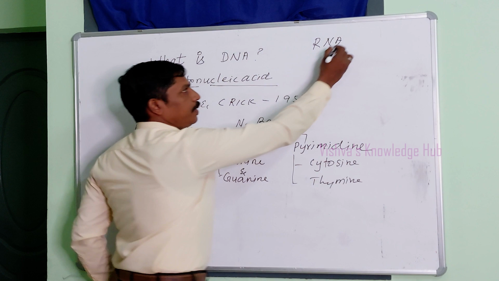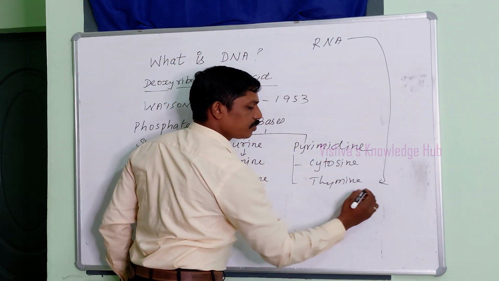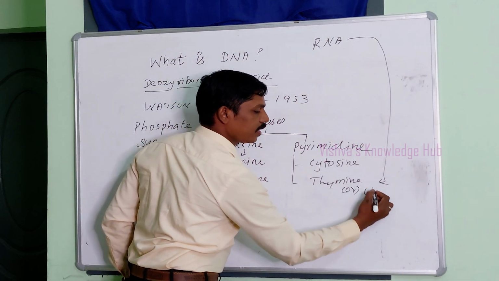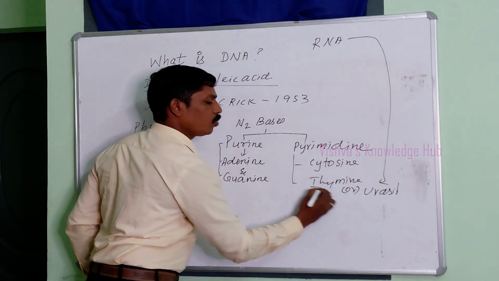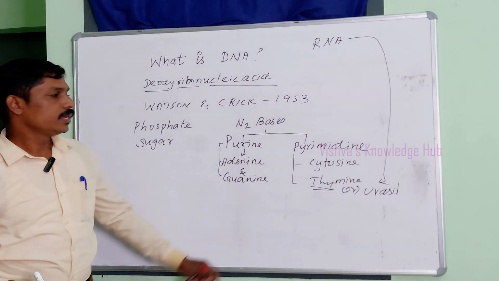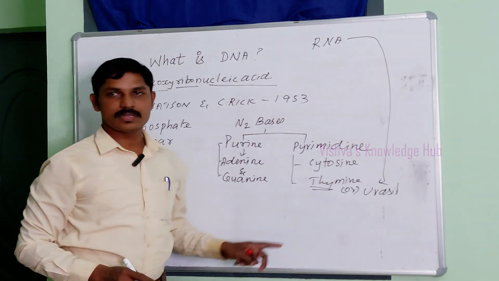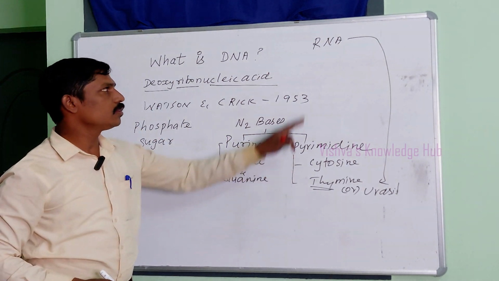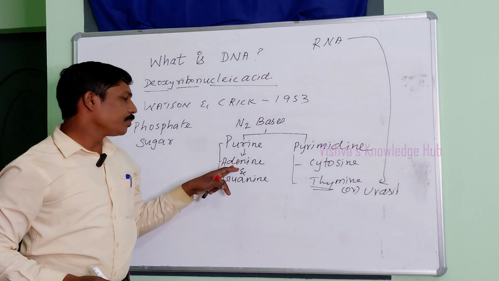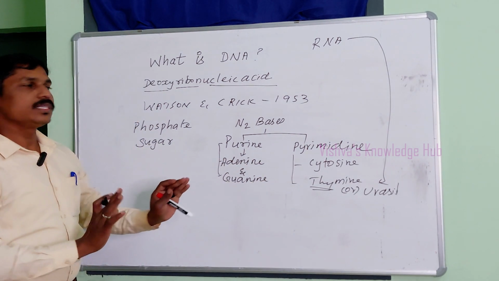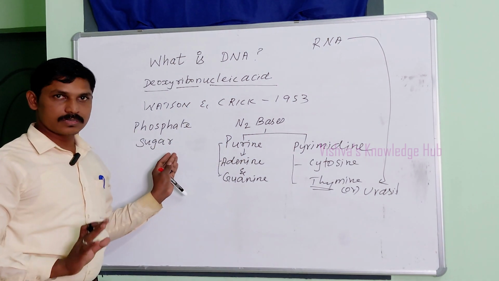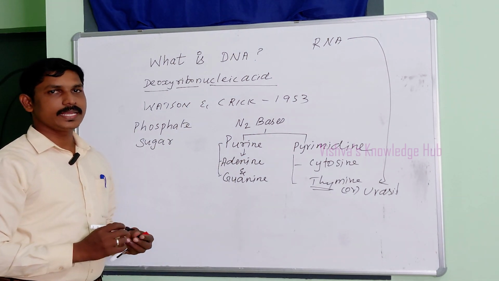In RNA, the thymine is replaced by uracil. In DNA only thymine is present. In RNA, instead of thymine, uracil. There are four nitrogen bases present in RNA: adenine, guanine, cytosine, and uracil. Okay, so these are the chemical substances that make up the DNA.